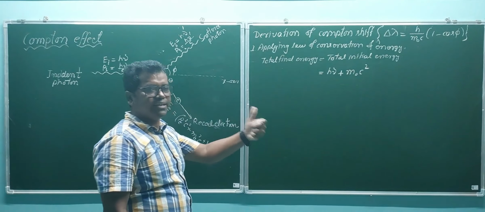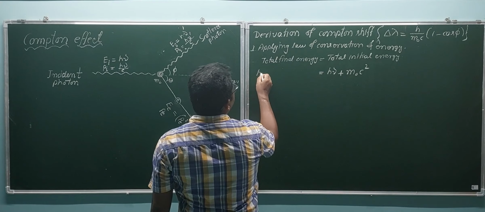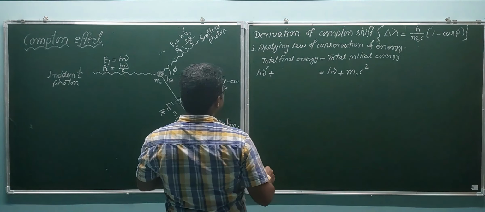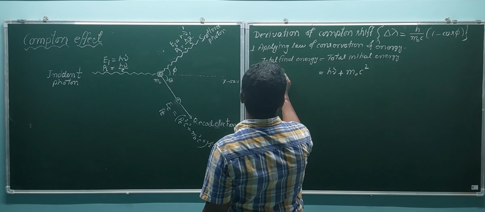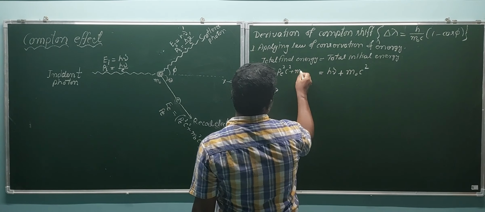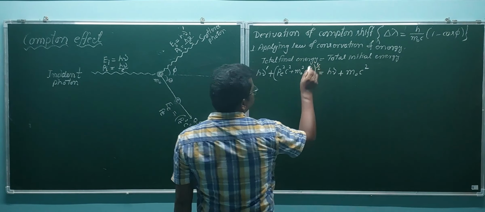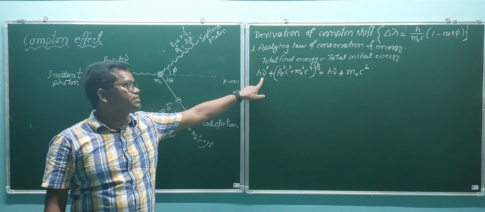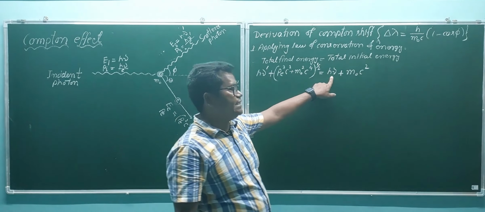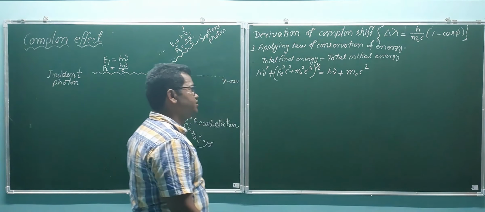And what is the final energy? Final energy due to photon, that is h nu prime, plus energy of the recoil electron, that is pe square c square plus m naught square c to the power 4, whole to the power half. That is the energy of the scattered photon, energy of the recoil electron, energy of the incident photon, and energy of the electron when it is at rest.